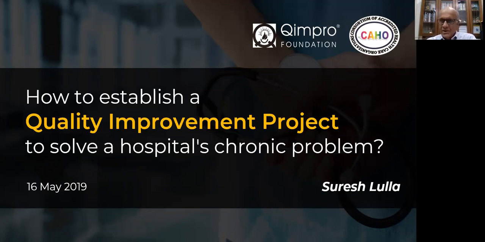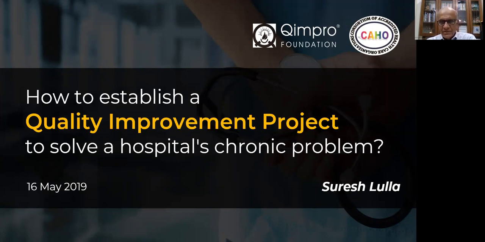Let's start with chronic problem. Chronic problems do not come with an alarm. They are cemented in the processes that drive an organization.